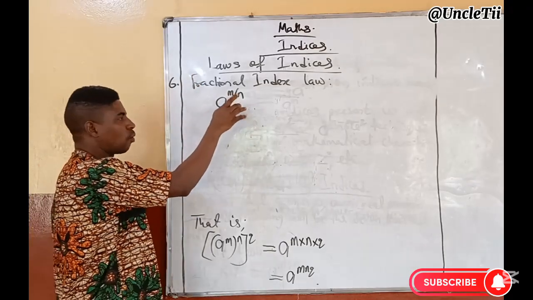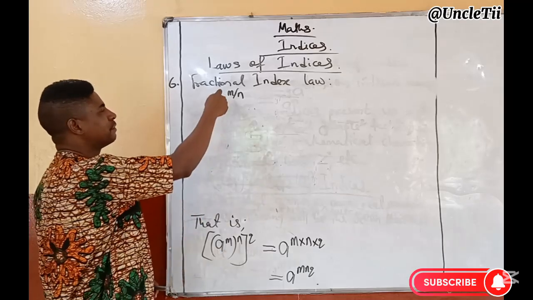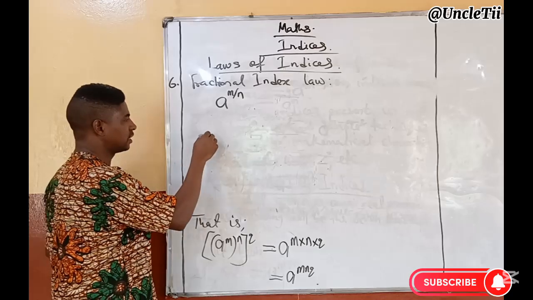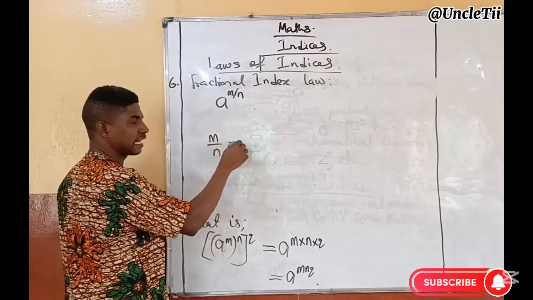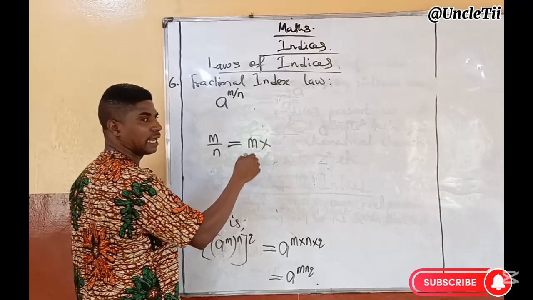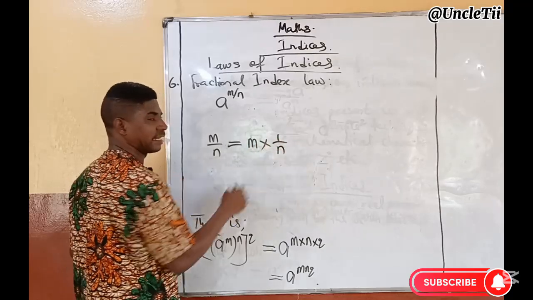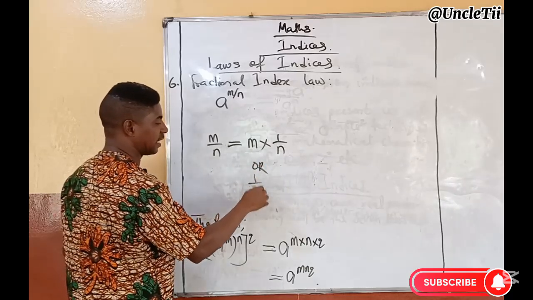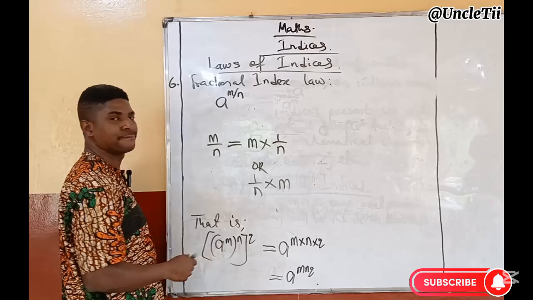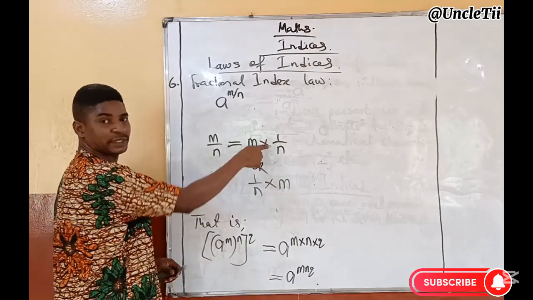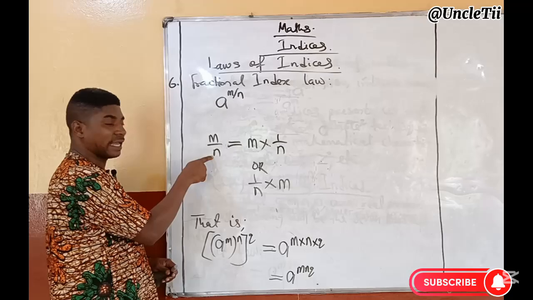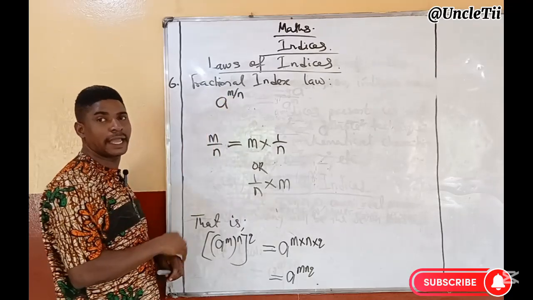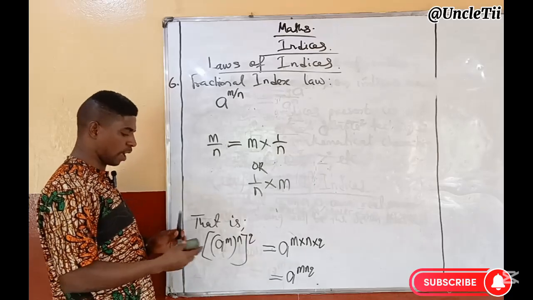There are two ways you can work with it, and I want you to look at it very well. The reason is m over n has two interpretations. When you see m over n, you either write it as m times 1 over n, or you write it as 1 over n times m. So these two interpretations that m over n has are what will inform how a raised to power m over n is analyzed, and we are going to use both.